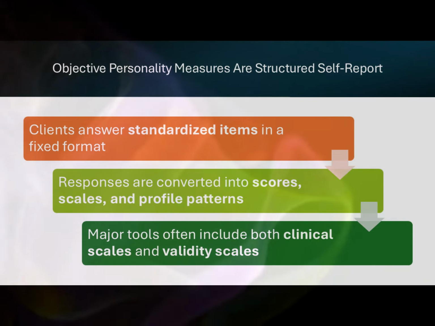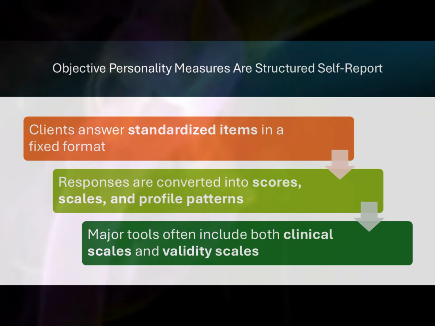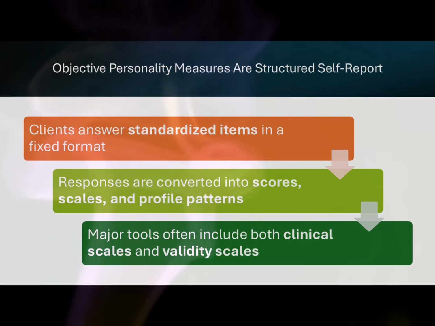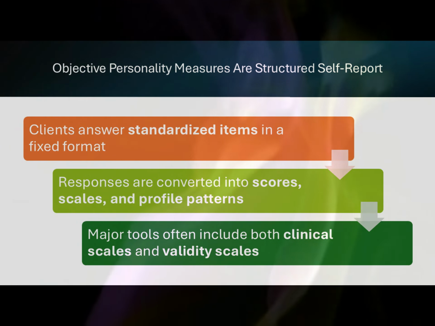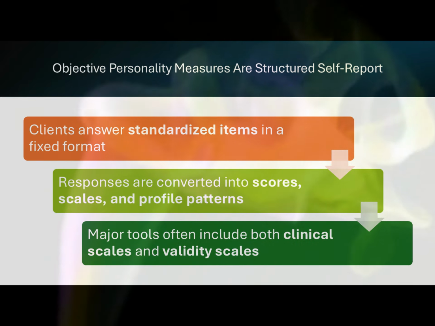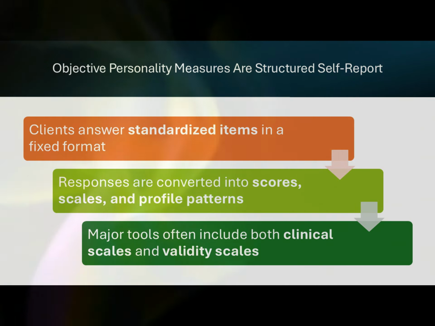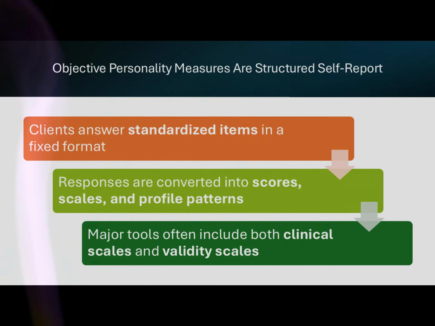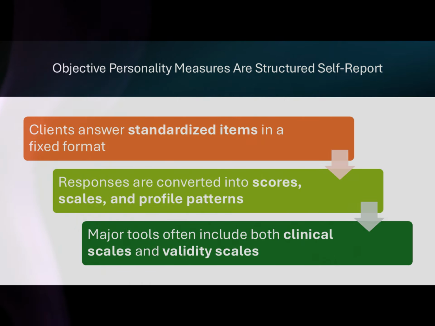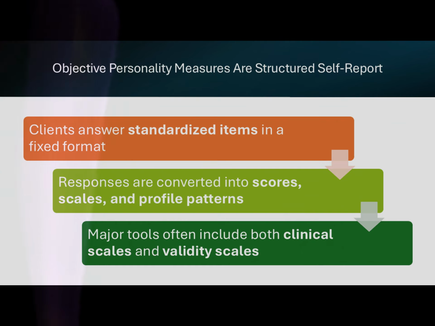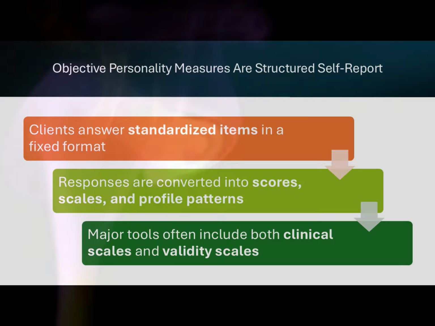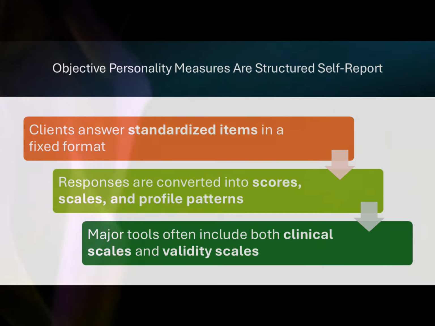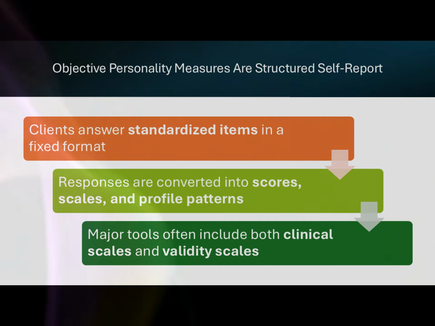Now, before we can interpret personality profiles, we need to define what an objective personality measure actually is. An objective personality measure is a structured self-report instrument. The client answers standardized items in a fixed format, and those responses are converted into scores using established scoring rules.